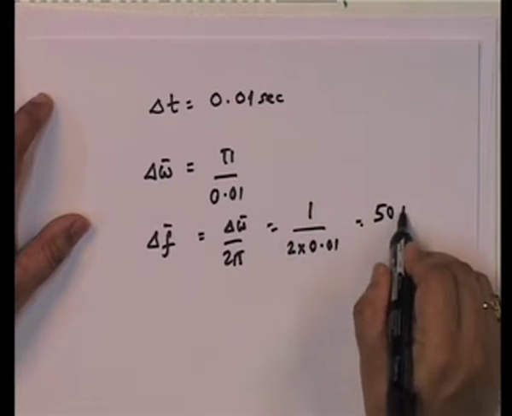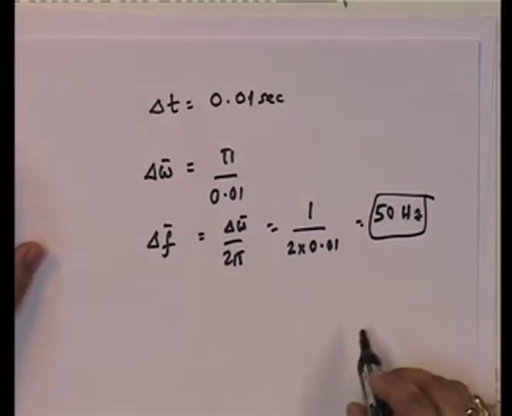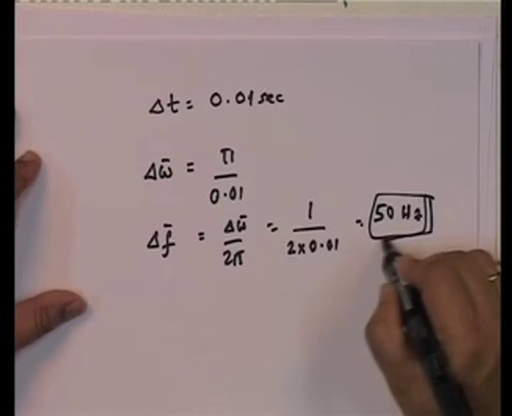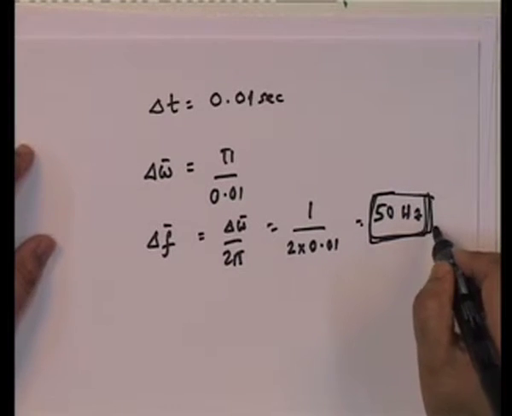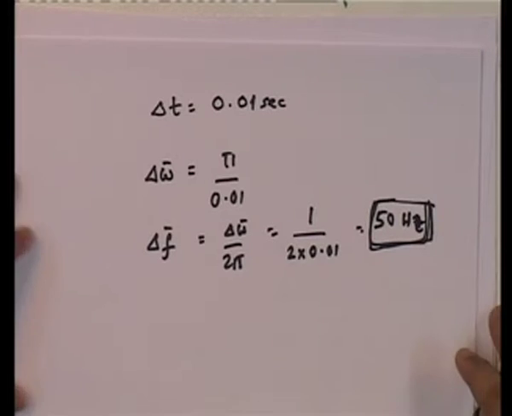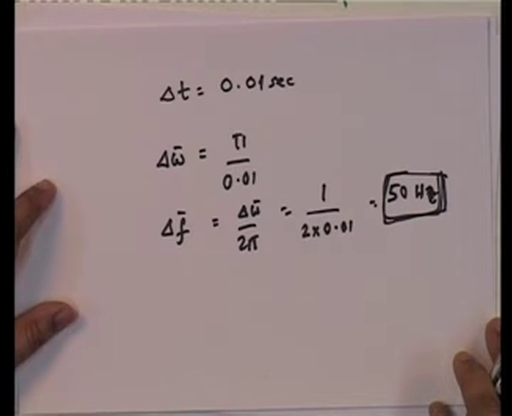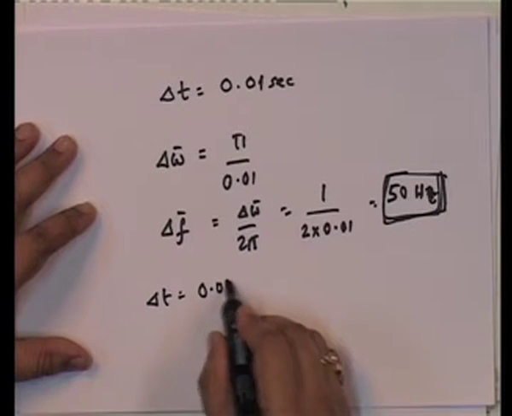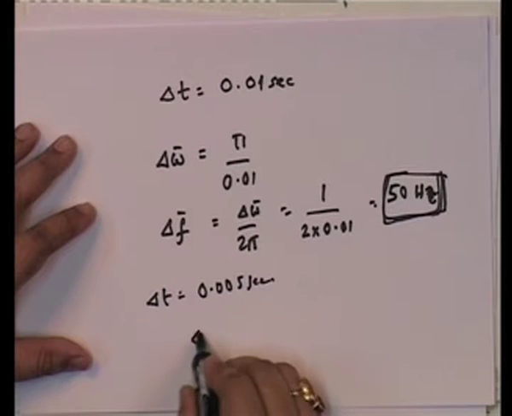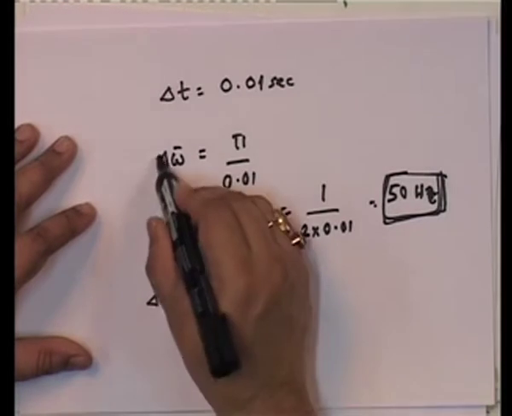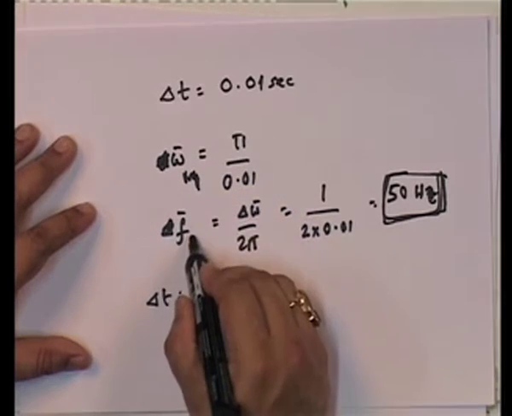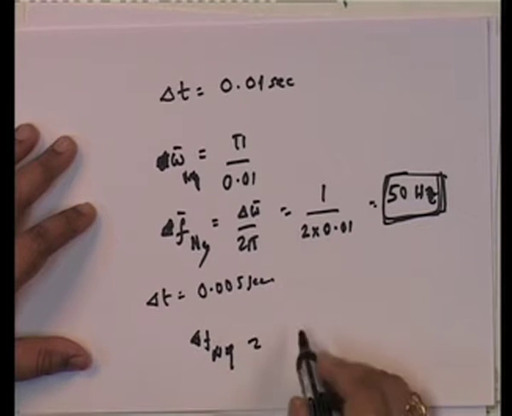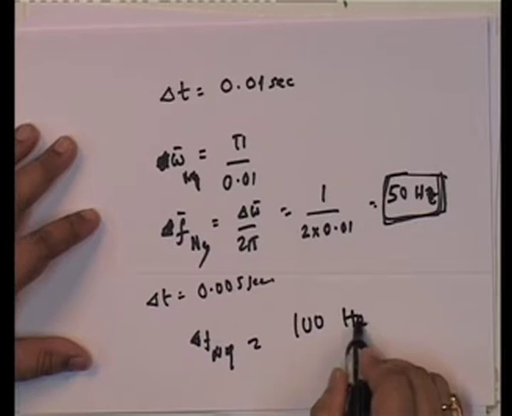So, it becomes 50 hertz. In other words, if you take delta t equal to 0.01, the maximum frequency that can be considered in the analysis is 50 hertz. Now, if you know that that is not good enough, what do you have to do? You have to take a smaller delta t. For example, if you take delta t equal to 0.005 second, then this is not delta f, this is the Nyquist, f Nyquist. So, then f Nyquist would be equal to 100 hertz.